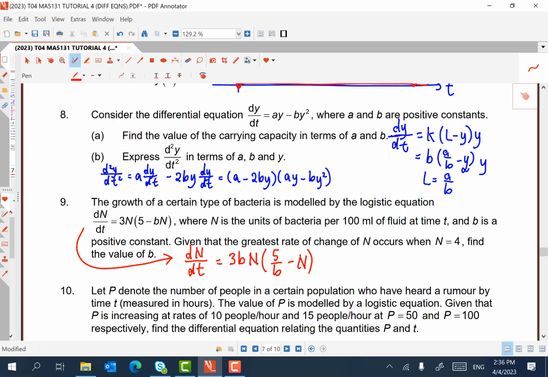So then the greatest rate of change occurs at L over 2. The L in this case is equal to 5 over b. So this implies that 5 over b divided by 2 is equal to 4, and so b is equal to 5 over 8.